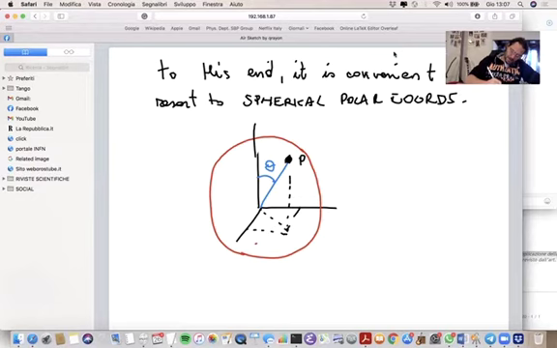Anyway, this can be the phi angle. That's a unitary sphere. A point on a unitary sphere is specified by two angles. Then, of course, in principle, I have the distance, which is the radius of the sphere. In the mathematical background lecture, you must have seen this already.